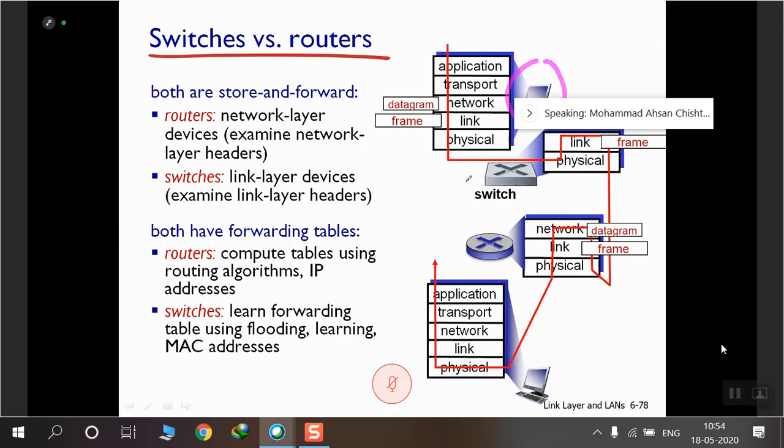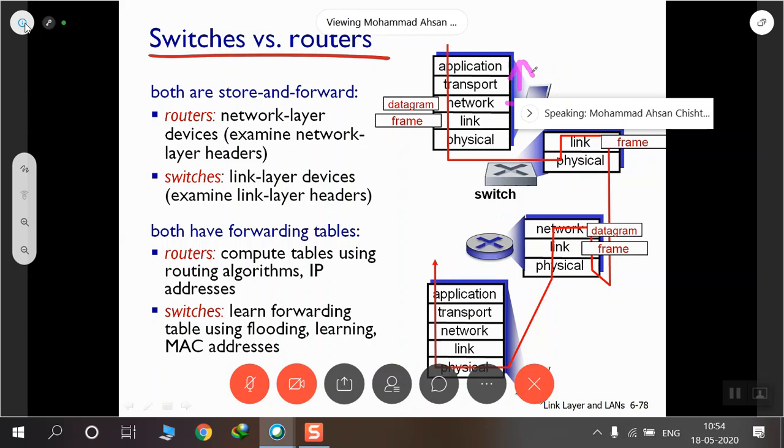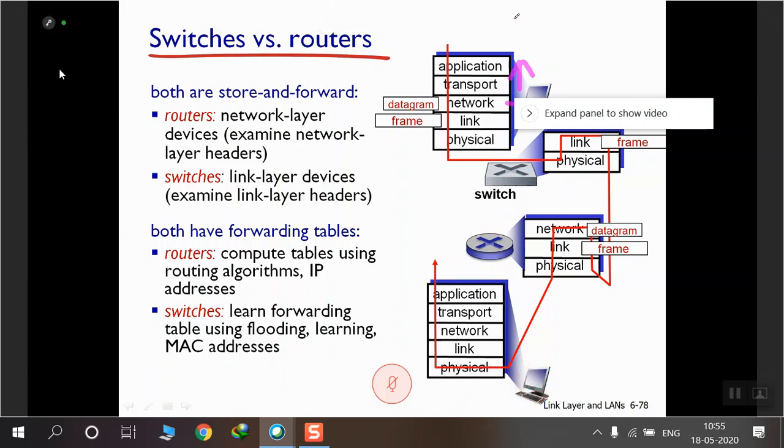Some protocols are not available in the router, some not in the switch, and some not in the hub. Why? Because they do not have all the layers. Those protocols which are beyond the network layer, from transport on, are known as end-to-end protocols.